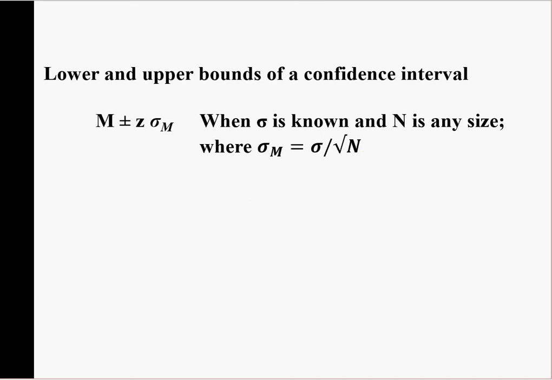Many times, we do not know the population standard deviation. Think about that. We use this interval to estimate the population mean, which means that we do not know the population mean.